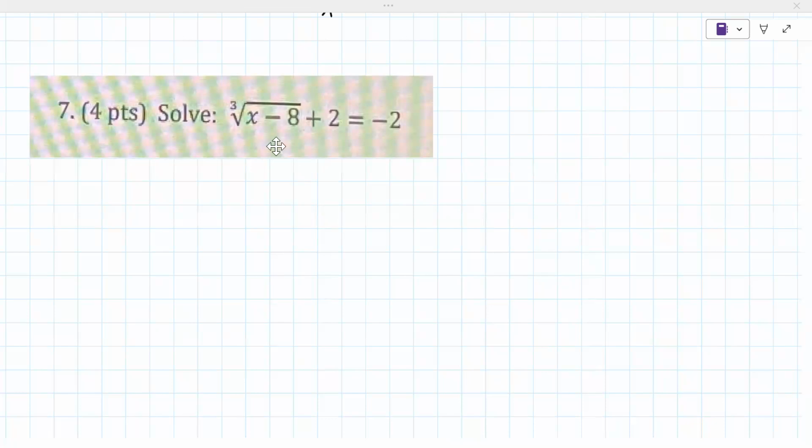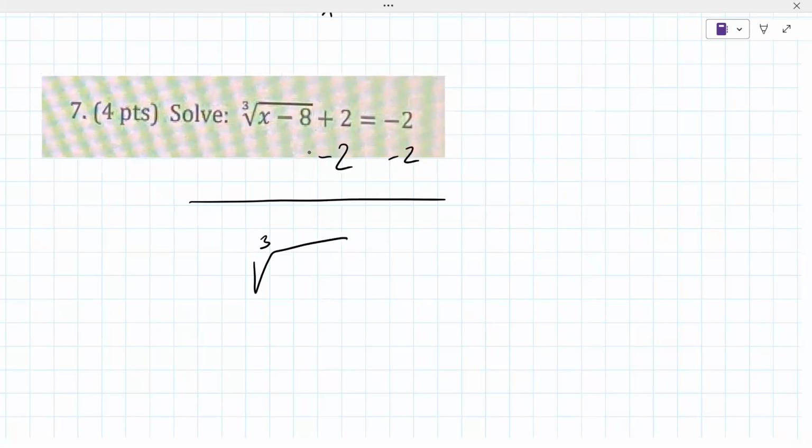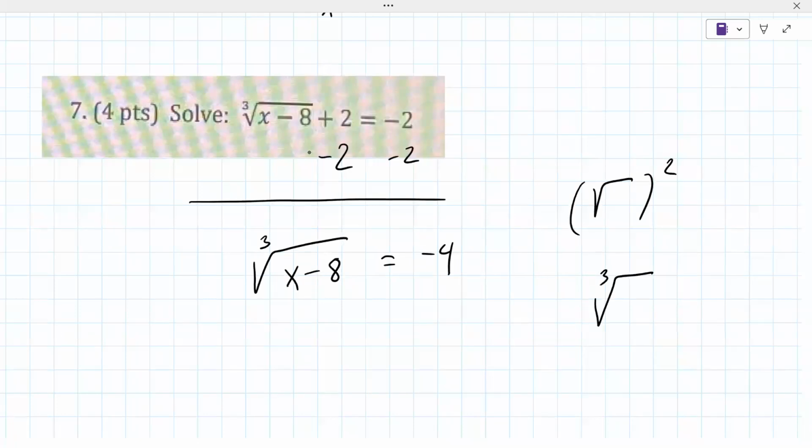All right. Cube root of x minus 8 plus 2 equals -2. You first want to undo this addition by 2 to subtract 2. So this is the cube root of x minus 8 equals -4. Now, just like you undo a square root with a square, you undo a cube root with a cube.